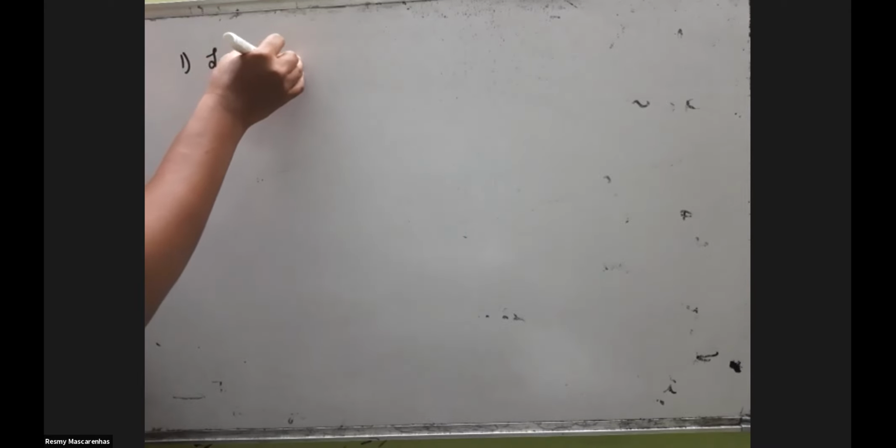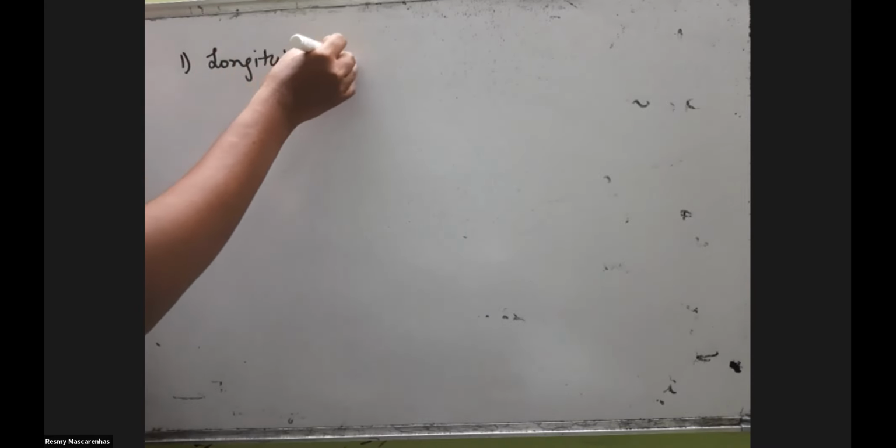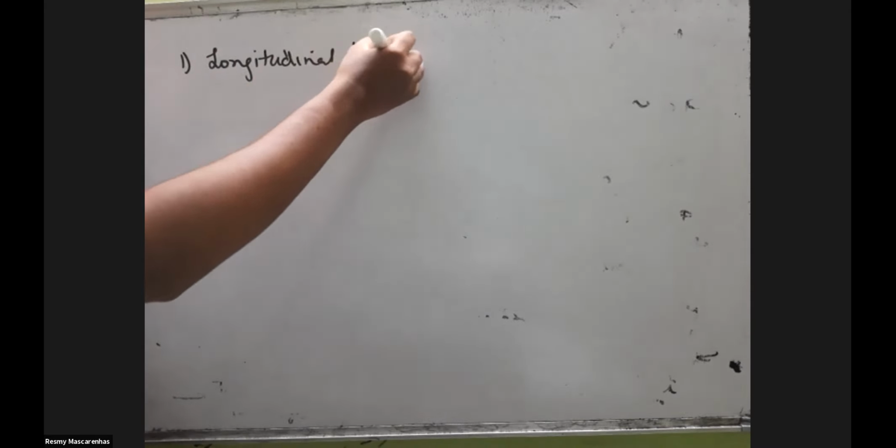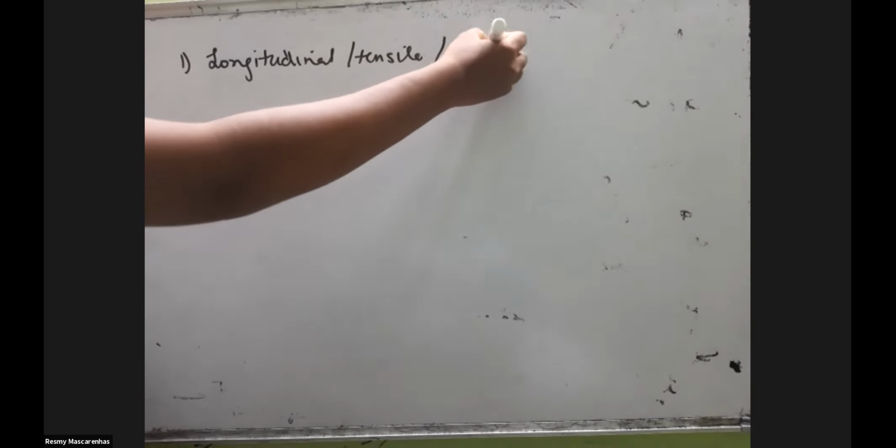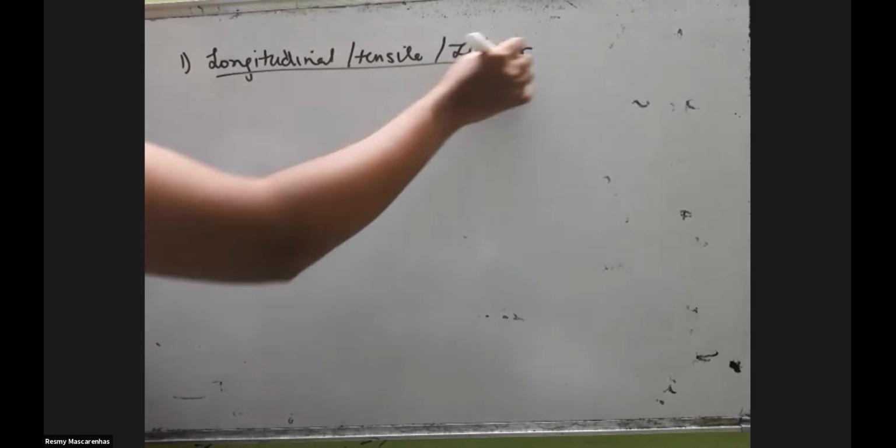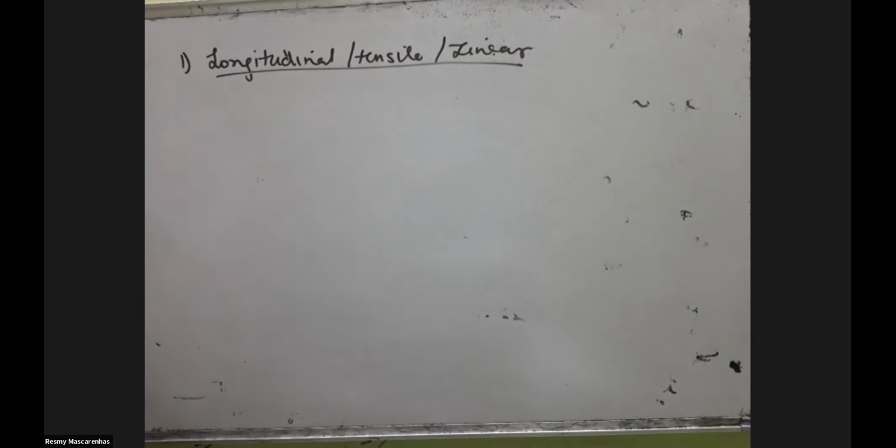So the first one is also called linear, if you want you can write. Linear means lengthwise.